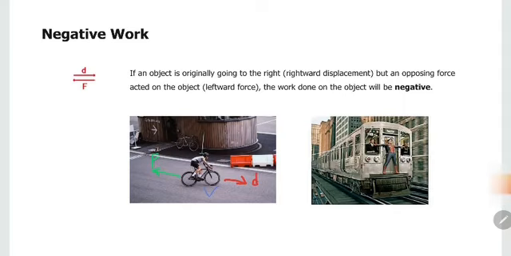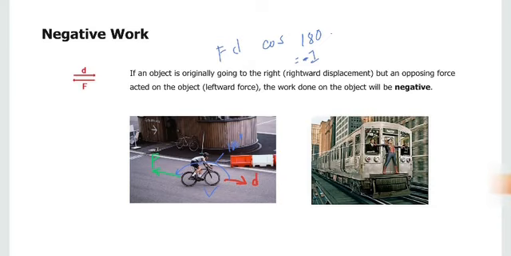So the angle between the force and the displacement is actually 180 degrees. So if you put that in the calculator, cosine 180 is negative 1, di ba? O multiply mo yung negative 1 sa force saka displacement, you will get negative value for work. Okay? So, you're actually doing negative work kapag pinipigilan mo yung displacement.